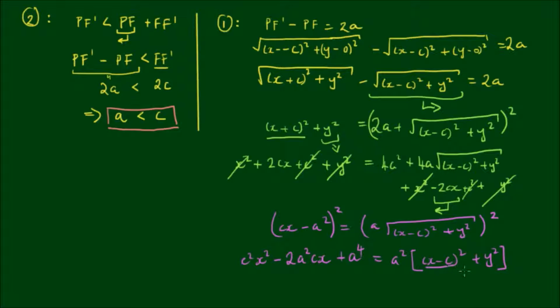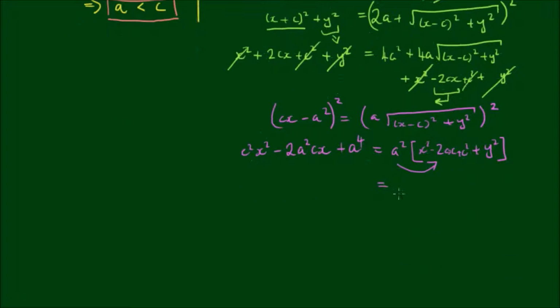Now this squared term expands again to x squared minus 2cx plus c squared. And multiplying the a squared in, I get a squared x squared minus 2a squared cx plus a squared c squared plus a squared y squared. Now these terms are common on the right and left and cancel.